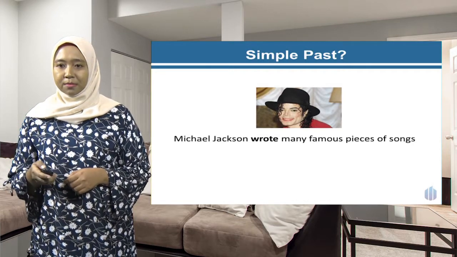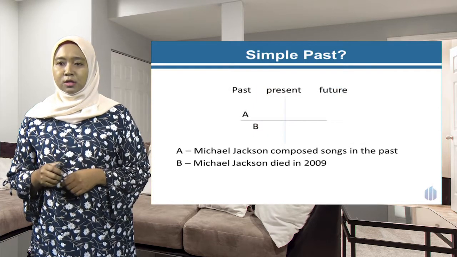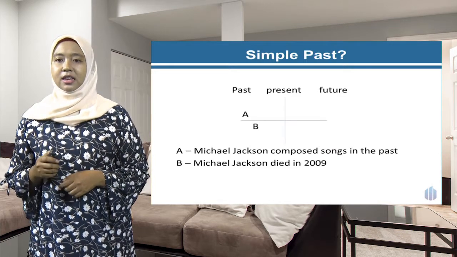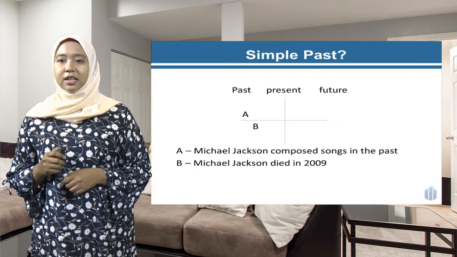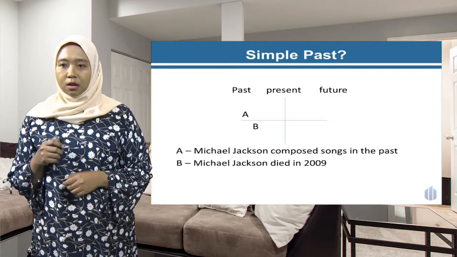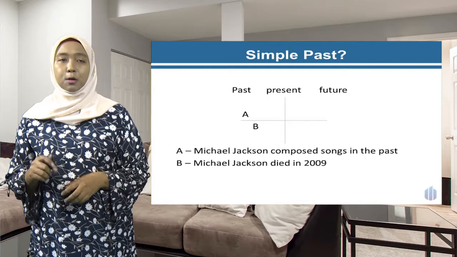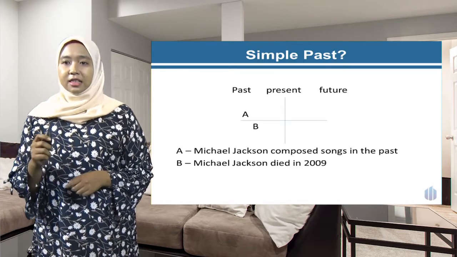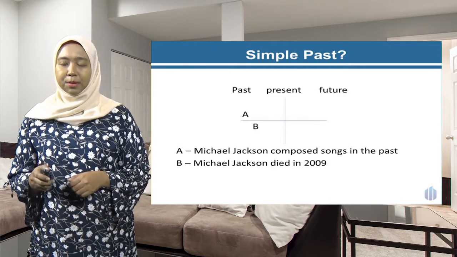As we know, Michael Jackson composed songs in the past, and Michael Jackson died in 2009. It means that it is impossible for him to continue writing songs or singing at this time or in the future, because he died in 2009. And that's why we use simple past instead of present perfect.